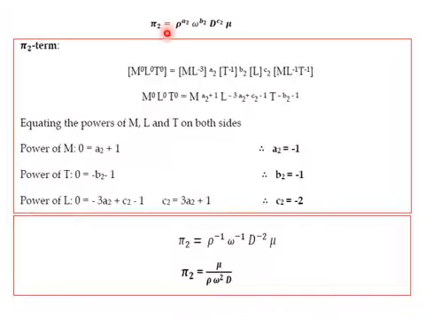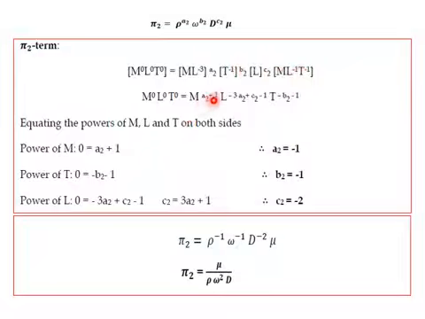Next, pi 2 is equal to rho to the power of a2, omega to the power of b2, d to the power of c2, mu. Putting the dimensions: m l to the minus 3 to the power of a2, t to the minus 1 to the power of b2, l to the power of c2, m l to the minus 1 t to the minus 1. So we can write it as m to the a2 plus 1, l to the minus 3a2 plus c2 minus 1, t to the minus b2 minus 1.